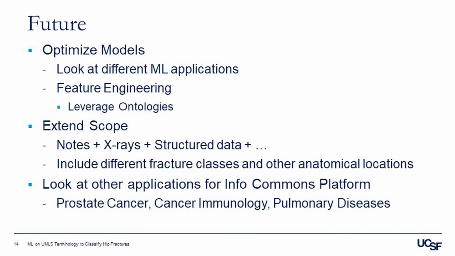And so this leads then to what could be next for this project. It could be making this model better, which could involve feature engineering or leveraging the actual ontological relationships in the CUIs, so we could back off from the specialized fractures and move up from the internal rotated type things to just hip fracture.